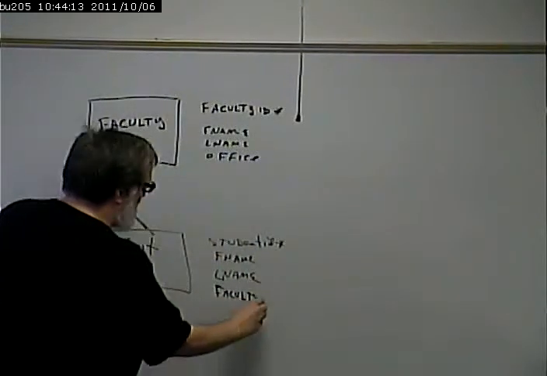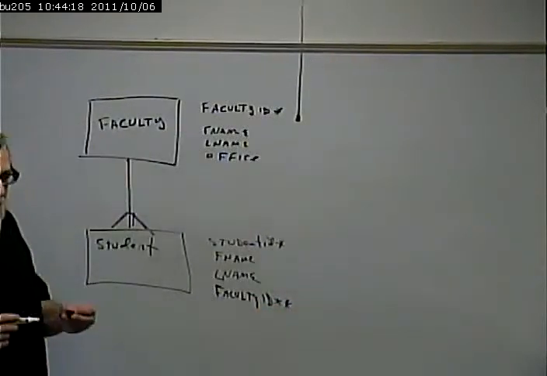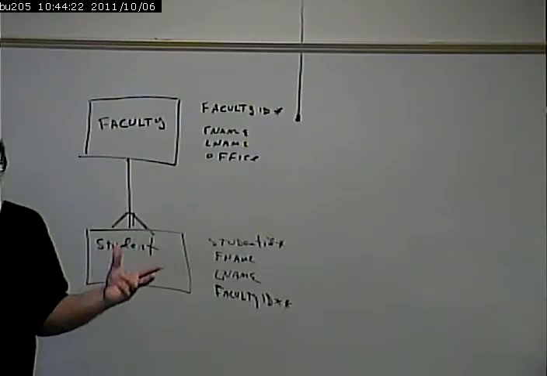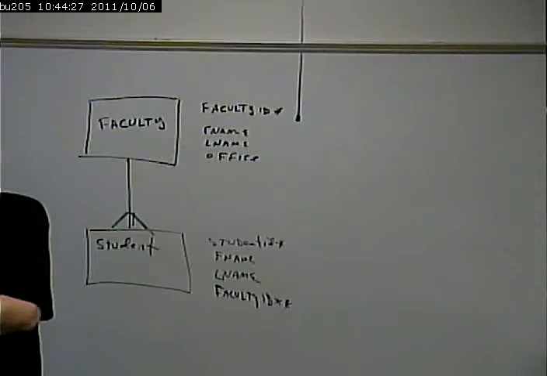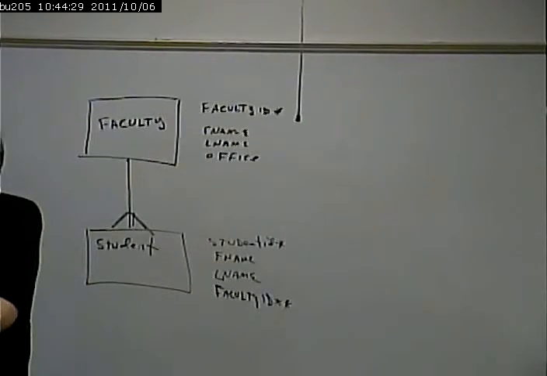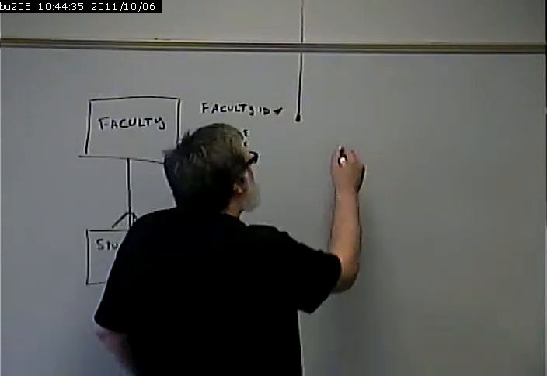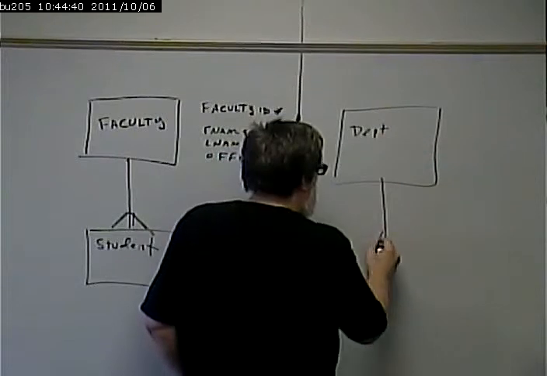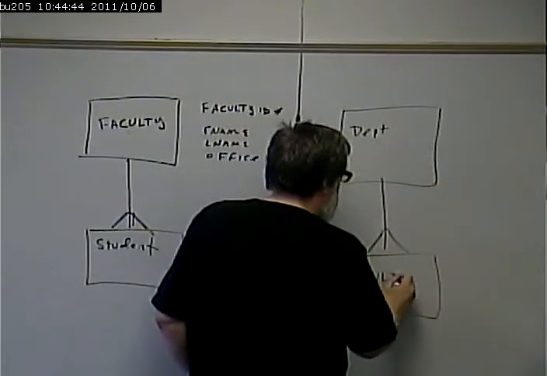So this is mechanical. It's so mechanical, in fact, that a lot of the drawing tools, a lot of the tools that allow you to create ERDs, can actually create the database for you. Because it understands these rules, that if you have a one-to-many, there's a foreign key from the many side to the one side. So if I look at this, between department and faculty, there's a one-to-many relationship.